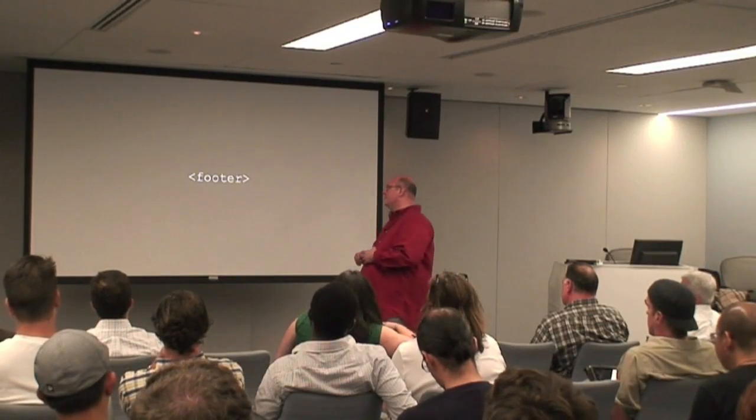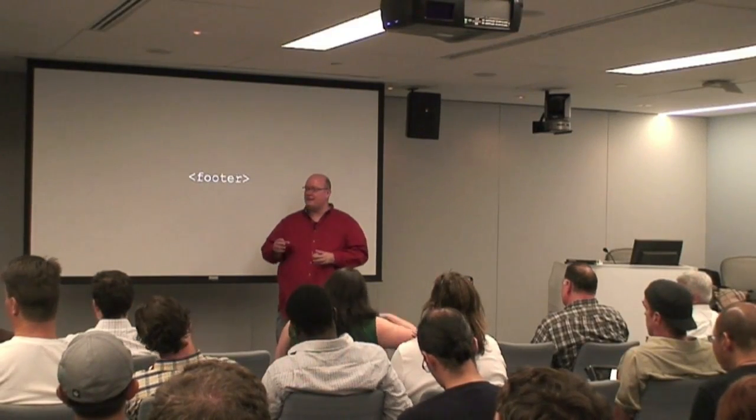But there are a number of ways to deal with this. One of them, a guy named Remy Sharp, created the HTML5 shim, also known as the HTML5 shiv, which sounds much more violent. But the idea there is he actually uses some JavaScript to create these elements in the DOM, in the document object model, and set them to display block.